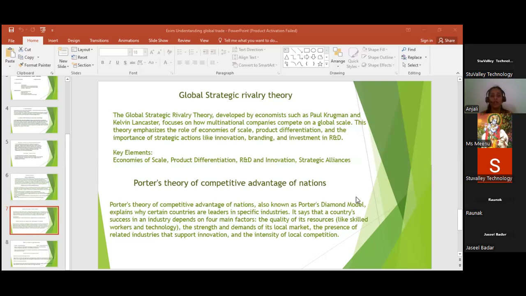Also there are demanding customers who push for better products, supporting industries like advanced materials, and competition among companies like Sony and Panasonic. These factors come together to create an environment where companies can thrive and compete globally.